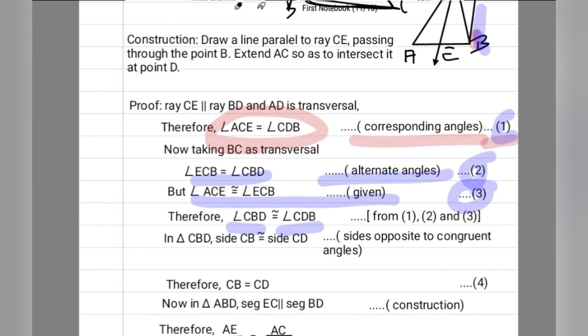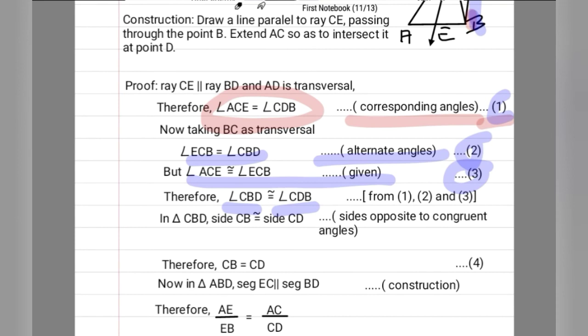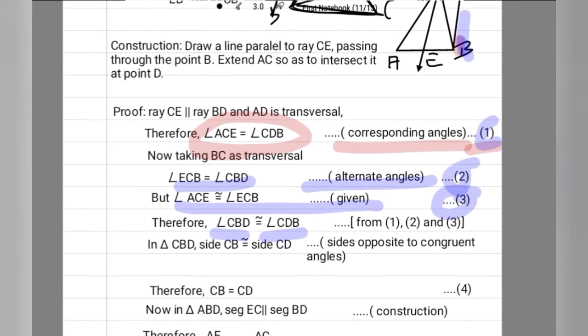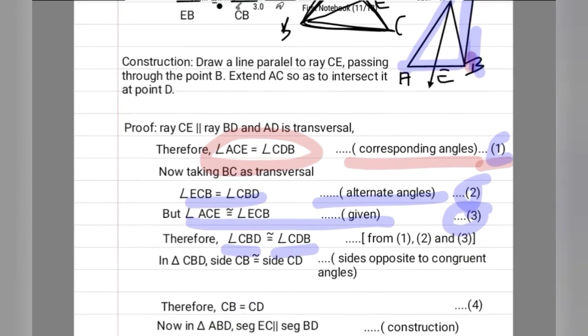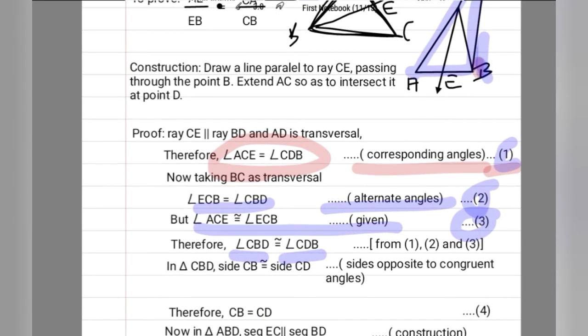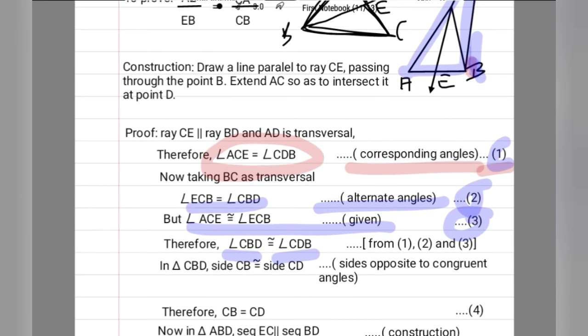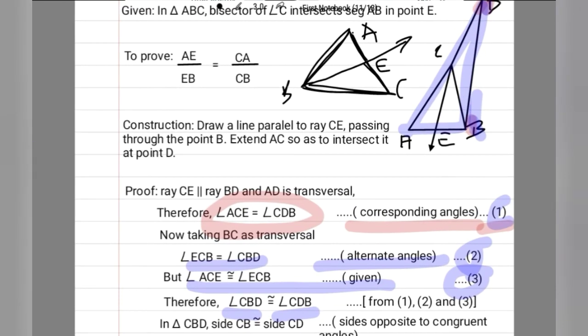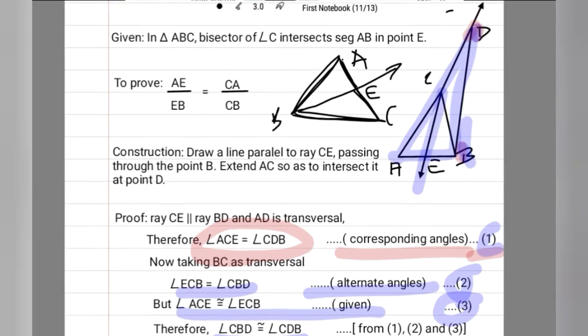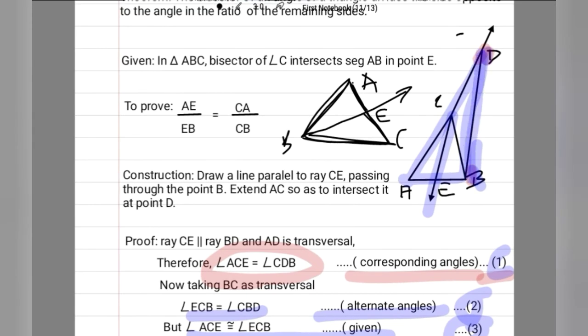Okay, so moving to the next point, if we consider a triangle ABD, that is this bigger triangle, and from that we take the sides, that is the ray CE and the line BD, to be parallel.